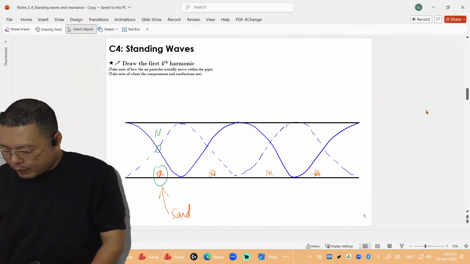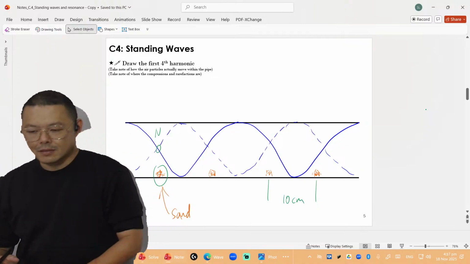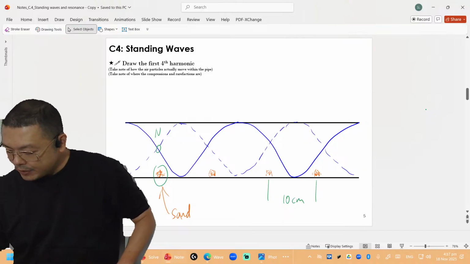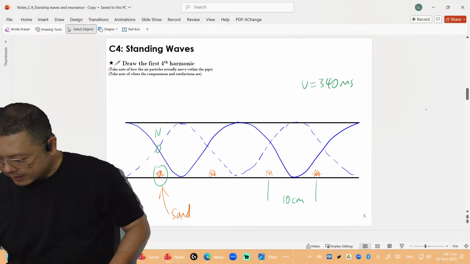What happens if I measure this and I tell you that this is 10 cm apart, and then I tell you that the speed of the wave v is equal to 340 meters per second?